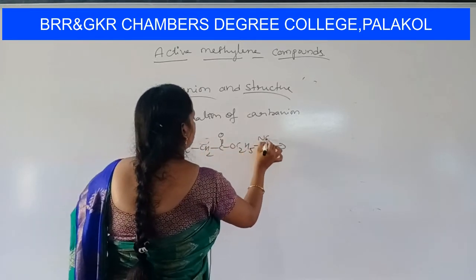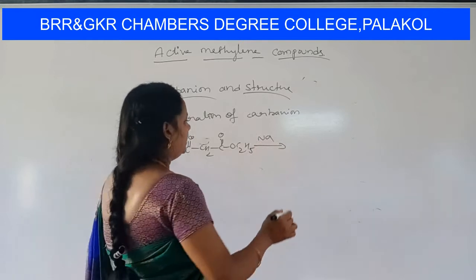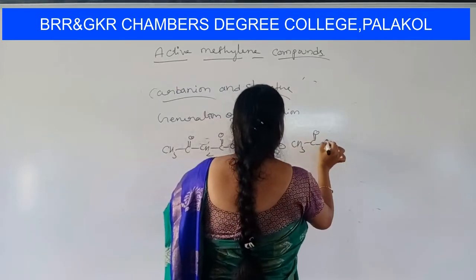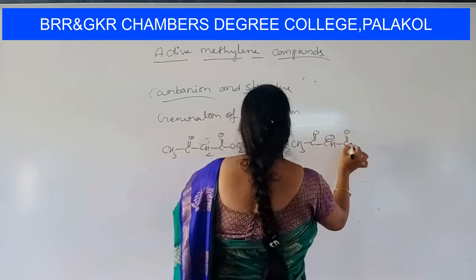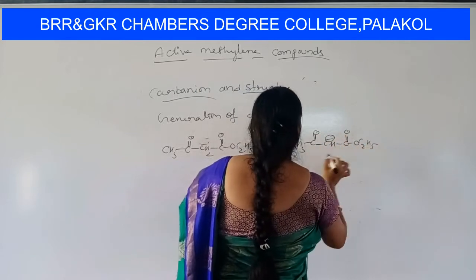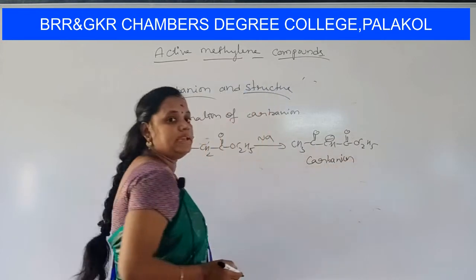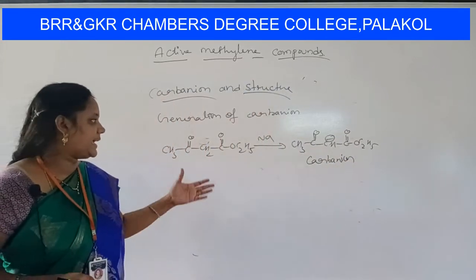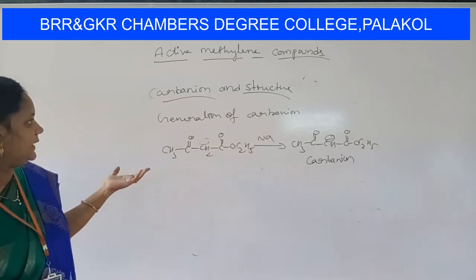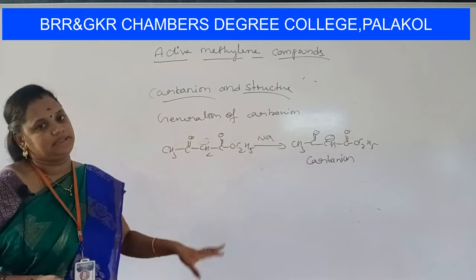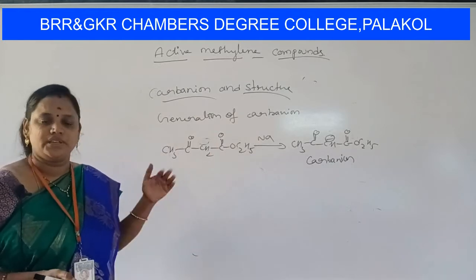If you treat it with sodium metal, you can easily get CH3-C(=O)-CH(-)-C(=O)-OC2H5, which is a carbanion. In this way, we can generate a carbanion by taking active methylene compounds and treating them with sodium metal.